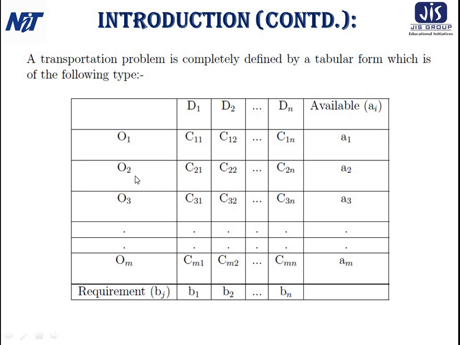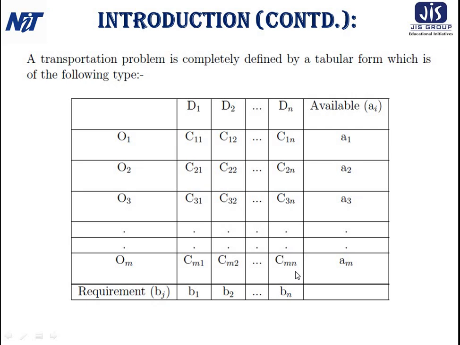Similarly, if we supply one unit from origin O2 to destination D2, the corresponding cost is C22, and similarly others. And so, if we supply one unit from origin Om to destination Dn, the corresponding cost is given by Cmn.